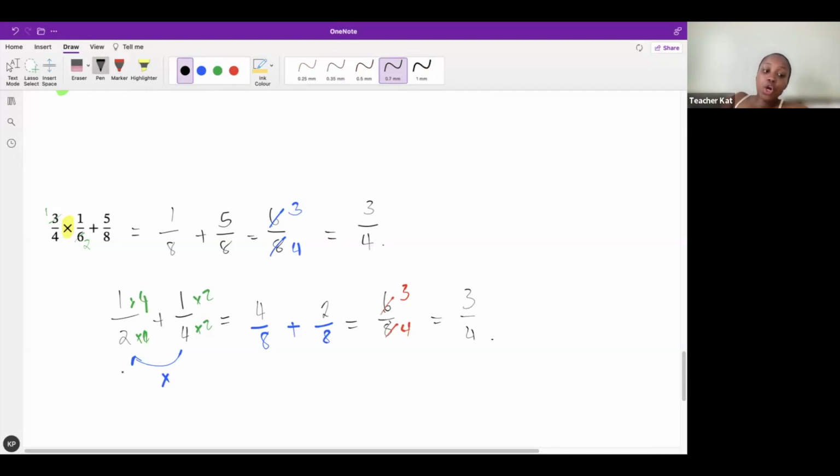But if you found the lowest common denominator, you don't have this step of simplifying. Let's say it was a half plus a quarter. You're only going to multiply the half by 2. Then your fraction will be 2 over 4 plus 1 over 4, which is 3 over 4.